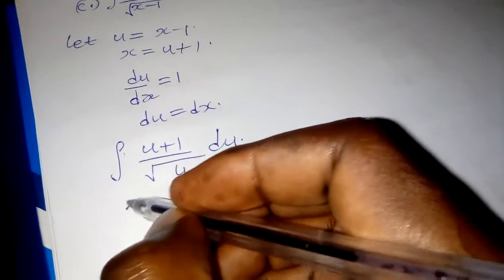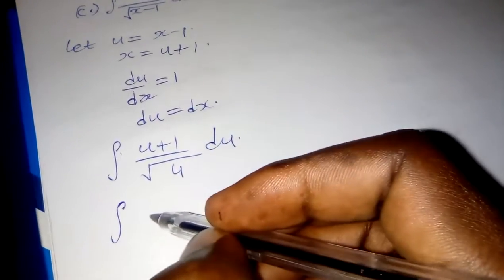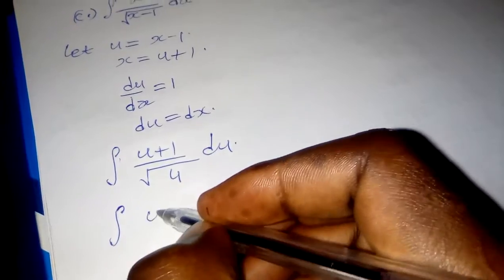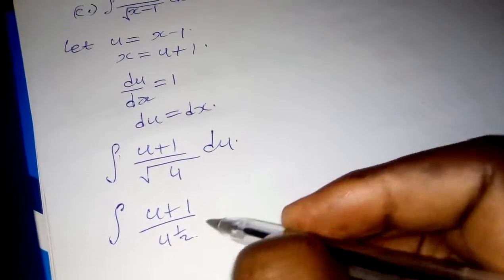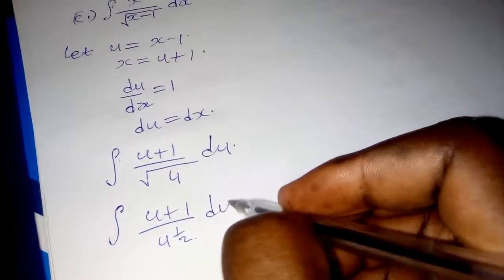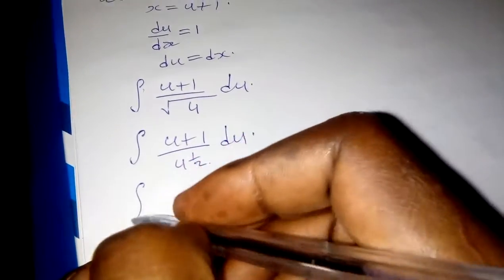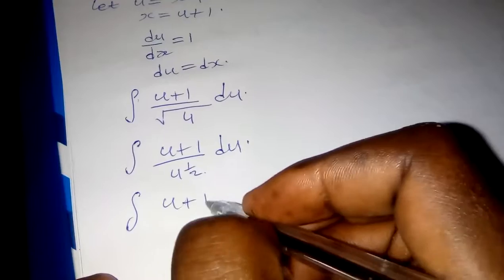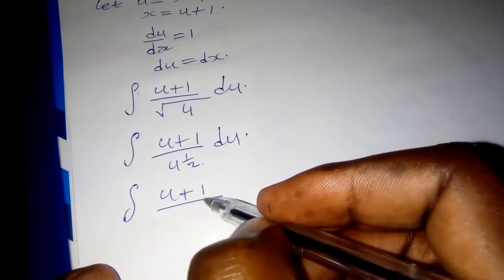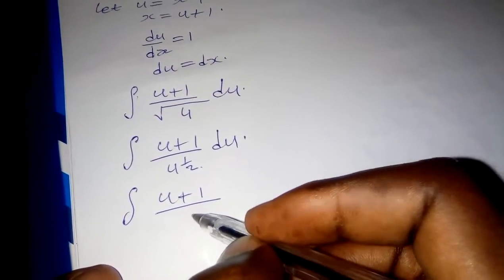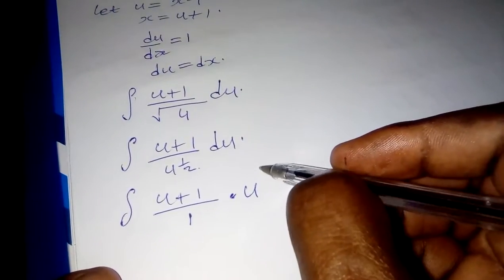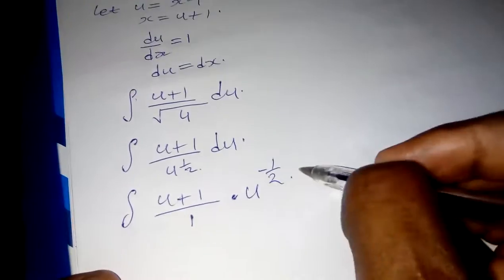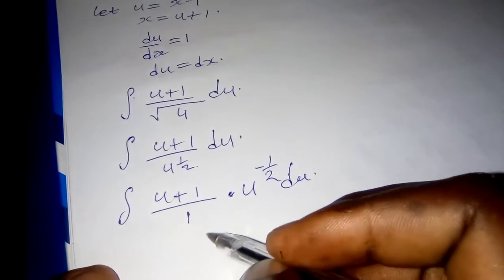How do we do that? I know this can be written as u plus 1 over u to the power half du. I know this can also be written as u plus 1 times u to the power negative half, and then du.